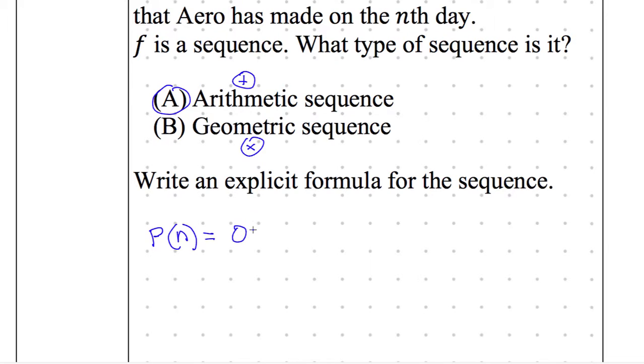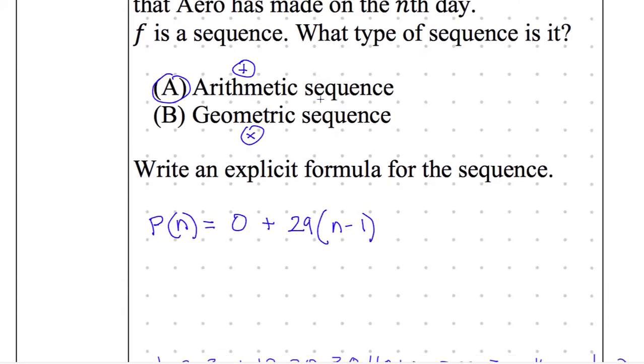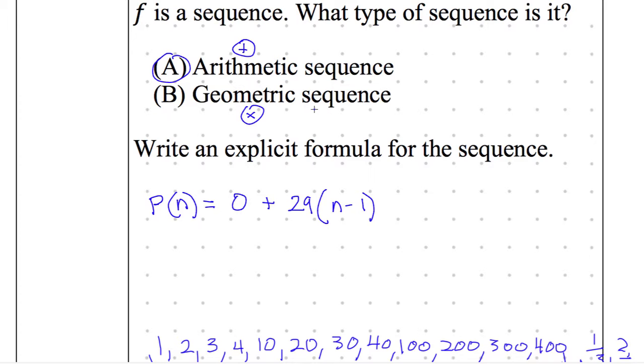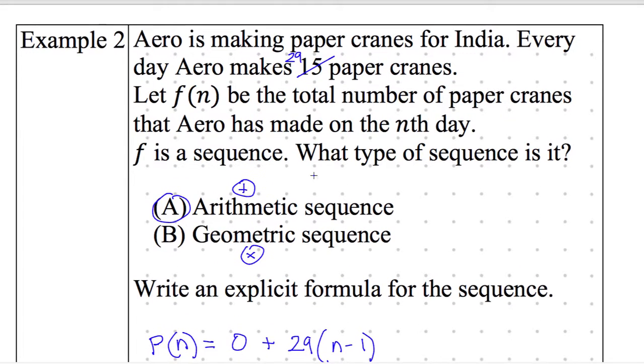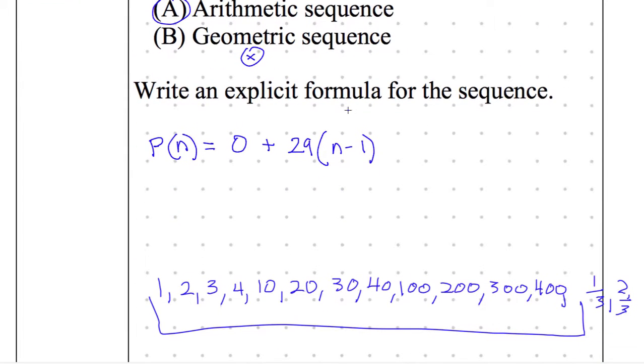So 0 plus 29 times parentheses of n minus 1. Because on the first day you assume that you didn't have any paper cranes. I guess I should have made that more explicit. Before, India didn't have any paper cranes, and now she has some. Or maybe I could have changed the problem, like maybe India's mom gave her 2 paper cranes, so she has an initial value of 2. But there we go.